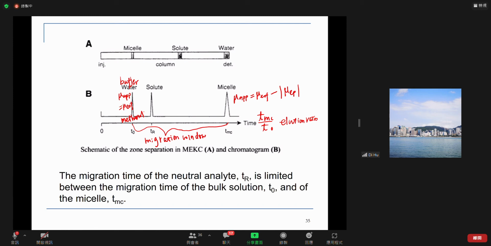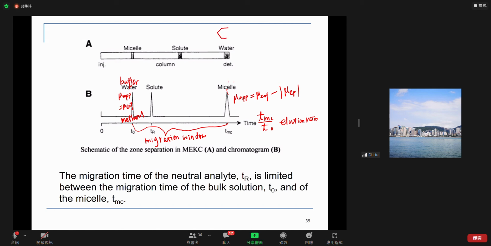And then how do you determine the end time for the micelle, where it comes out? You can normally add a very hydrophobic compound, for example Sudan III. Sudan III is completely soluble in the micelle. This is the structure of Sudan III, for your information.